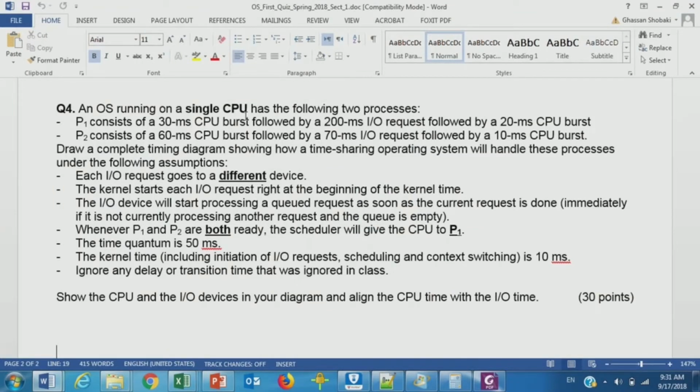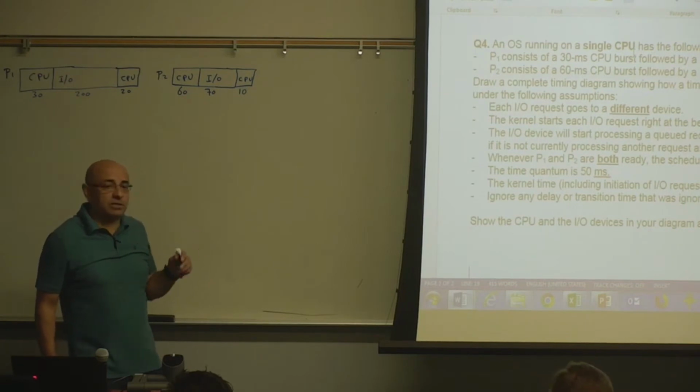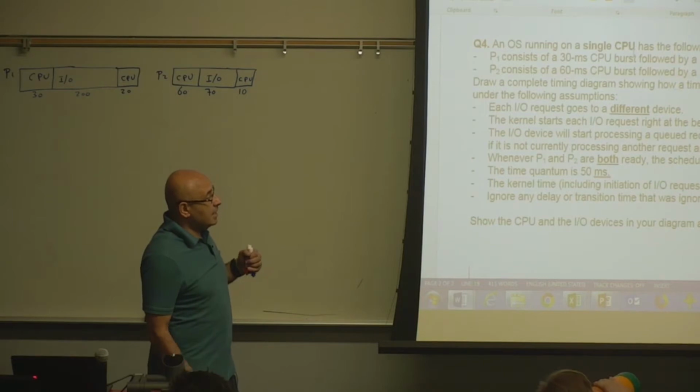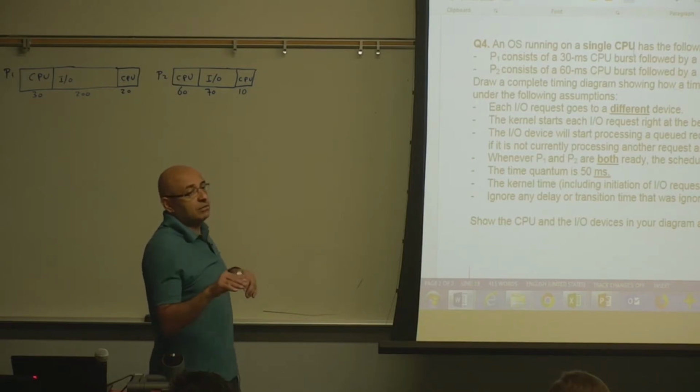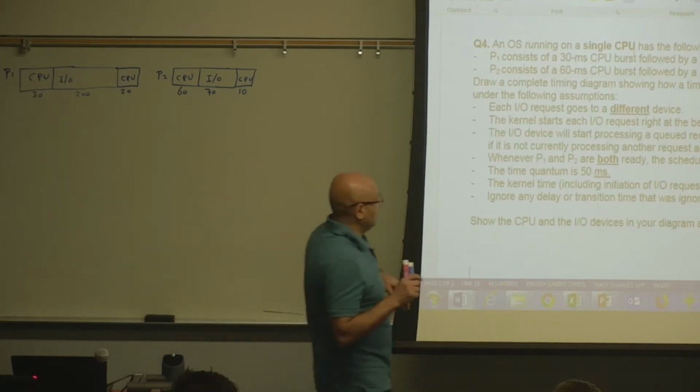So this is the scheduling strategy. This is something we need to pay attention to, because the scheduling strategy will be different. You should be able to do this with different scheduling strategies. The scheduling strategy is given to you, but you have to draw the timing diagram accordingly.